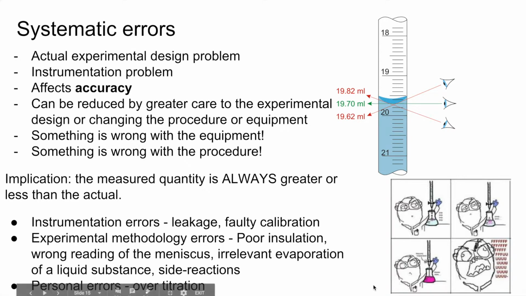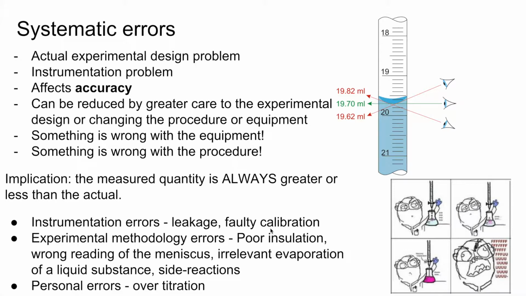Okay? Other examples. Sorry, I'm spending time talking about this because when you do your experiment, you have to think, what kind of error is that? Is that a systematic error? Is that a random error? All right. Instrumentation errors, for example, leakage or faulty calibration. Most of our instruments, the digital instruments, need to be calibrated, like a pH meter.